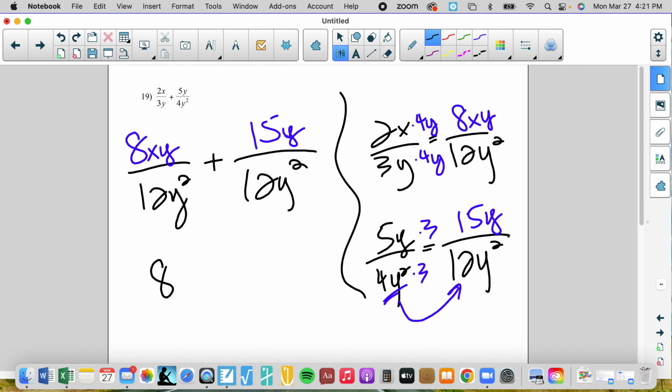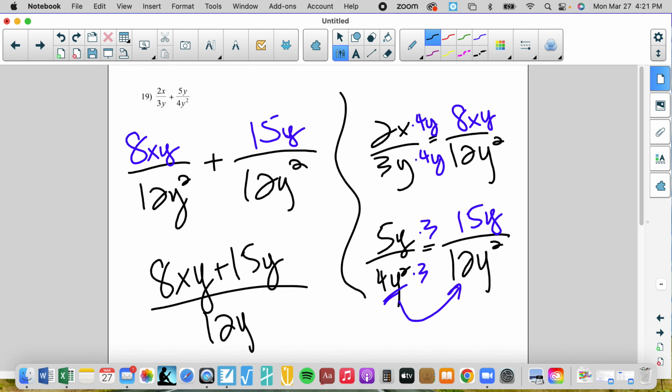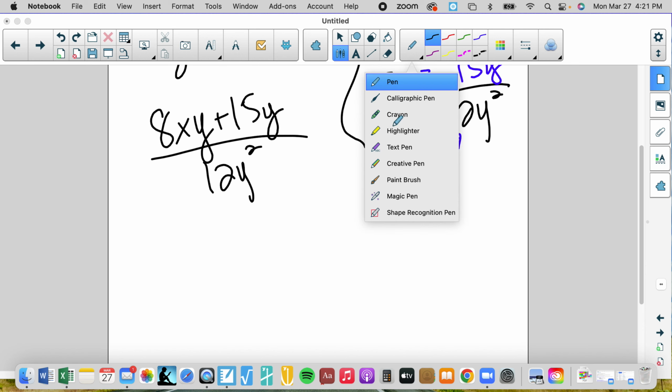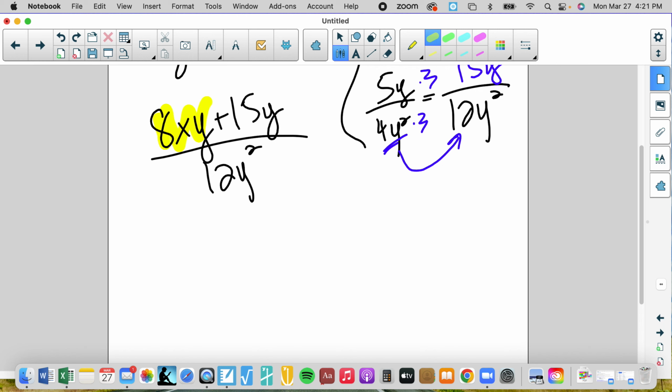Okay, put them over the same denominator, 12y squared. Let's look at that numerator. Do they have a common factor? No common number. Nothing goes into 8 and 15, but do they have a common variable? Yes, they do. They have a y. Let's pull y from both of those.